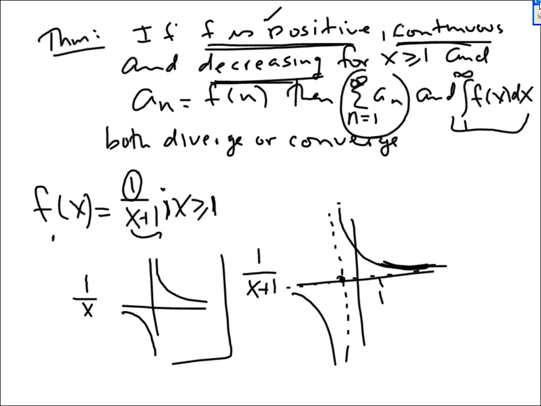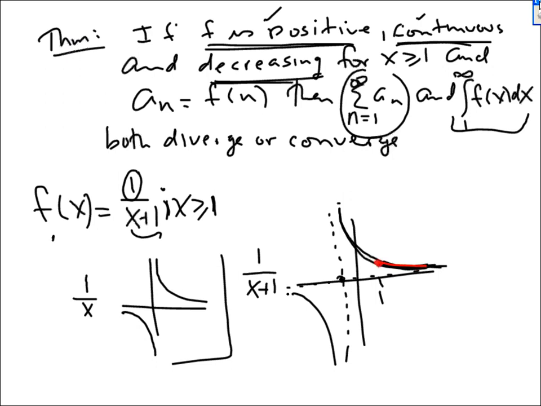Now, is it decreasing? Depending upon how rigorous your teacher wants to be, one can just say, look at the graph. It's decreasing from 1. It may be increasing elsewhere, but we don't care.